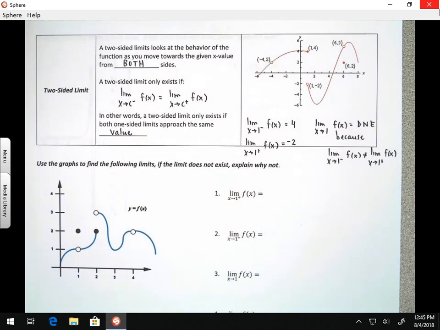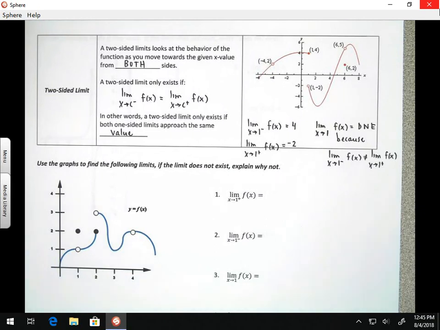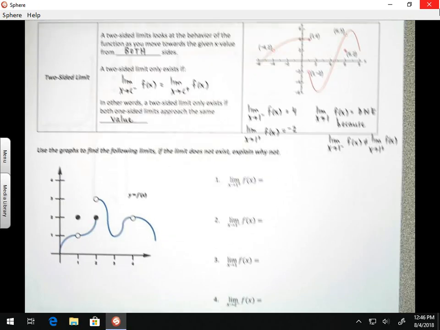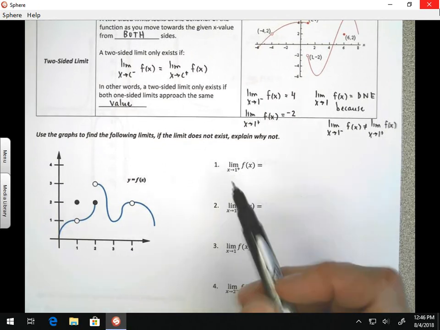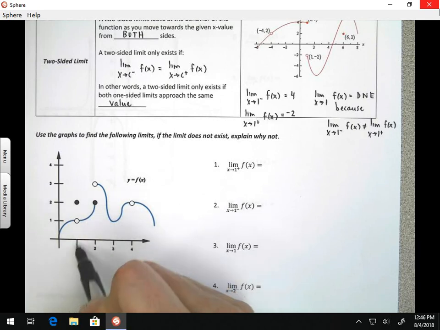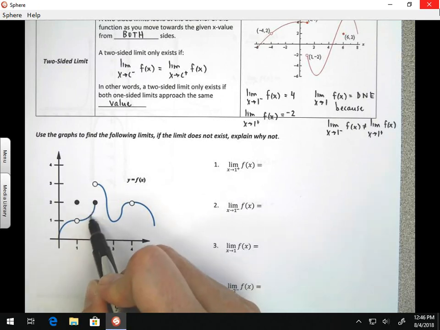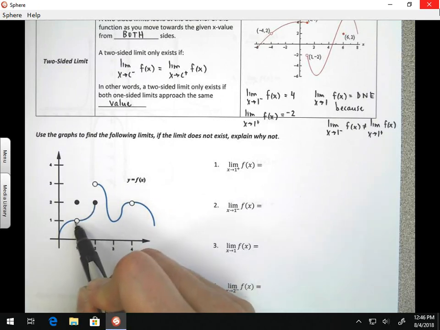So now we're going to look through some examples for the rest of this video and make sure we can find those values by looking at a graph. Again, that was our target. Today is all about looking at graphs and finding the values of the limits. Let's look at number 1. This says the limit as I approach 1 from the right. If I approach from the right, I'm approaching a y value of 1.